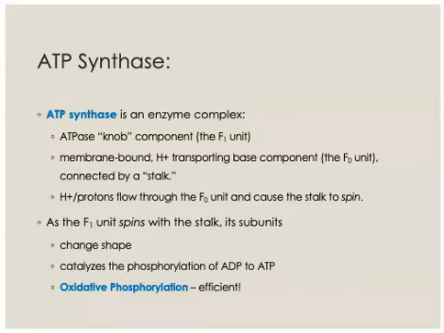In eukaryotic cells, that gradient builds up in the intermembrane space in the mitochondria. We said that the next stage in this metabolic process is oxidative phosphorylation. And oxidative phosphorylation is going to use the energy from that proton gradient to build ATP.